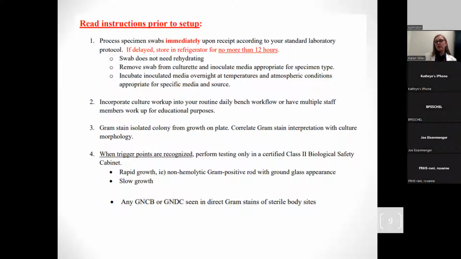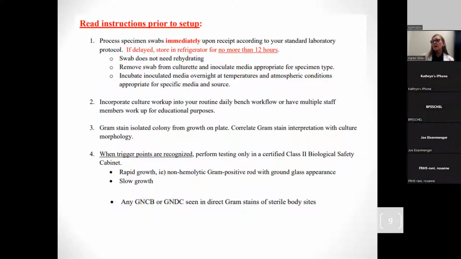So what we do with our organisms, we send live organism as a category B, which they really are, but can mimic our organisms. So we ask that you just go ahead and put it into the lineup of your workflow. Go ahead and give it to the processing person, ask them to set it up in the most appropriate way. If it's a blood culture, they should set it up like that.